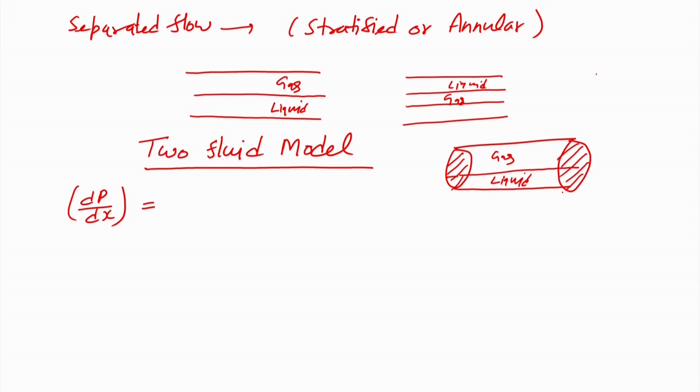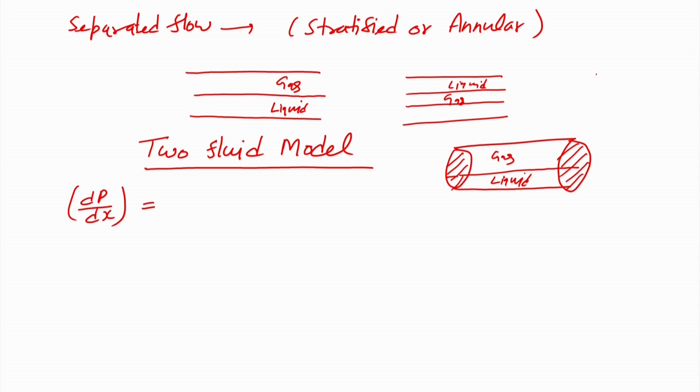Some fraction of the pressure loss will be because of the liquid, and some fraction because of the gas. Now, we are writing both equations individually. So, if I am writing dP by dx for the liquid phase, I have to multiply with epsilon L. If I am writing for the gas phase, I have to multiply with the volume fraction of the gas.